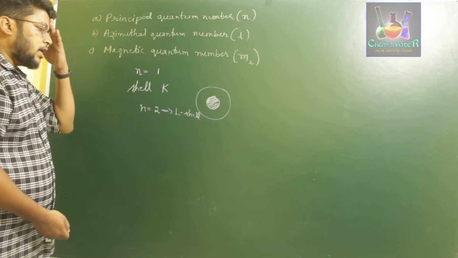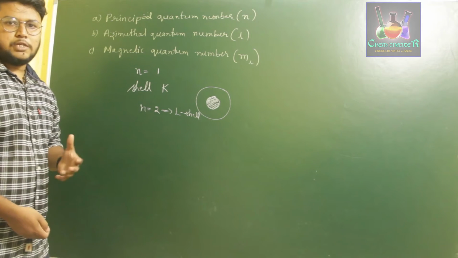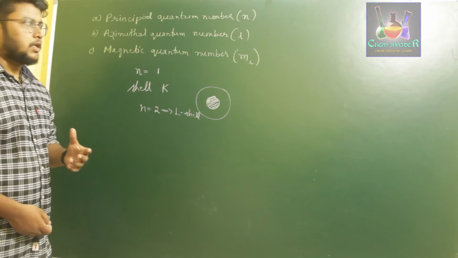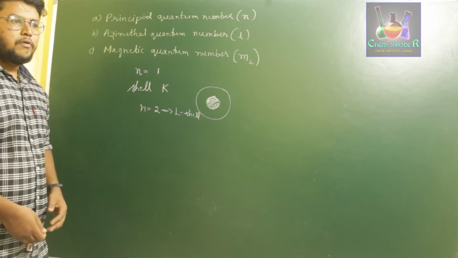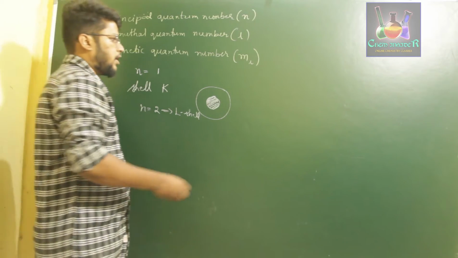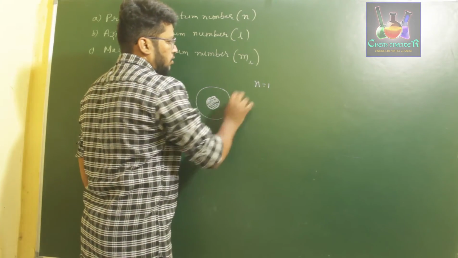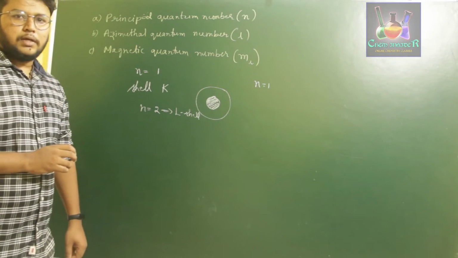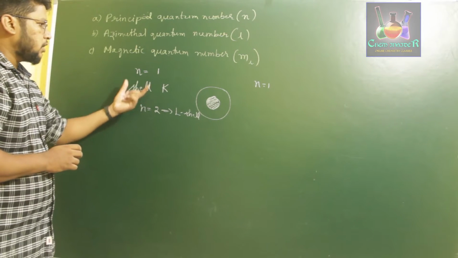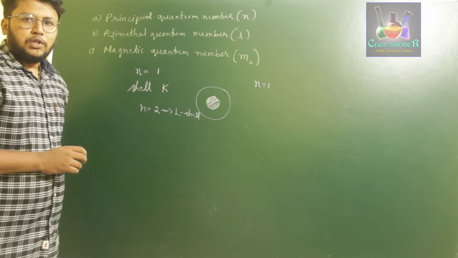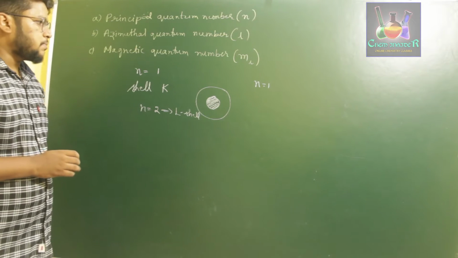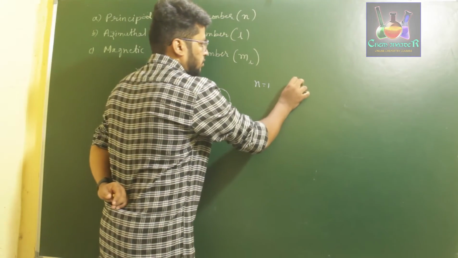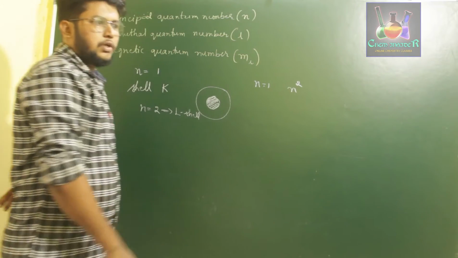Now, when you consider this principal quantum number, the total number of atomic orbitals in a shell, whether K shell where n is equal to 1 or L shell, will be equal to n square.